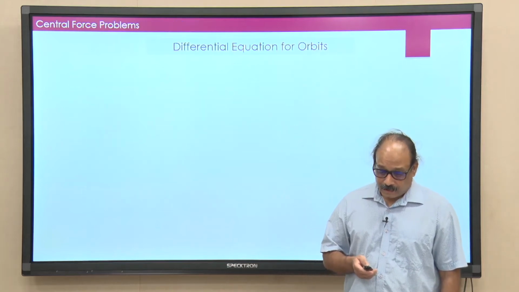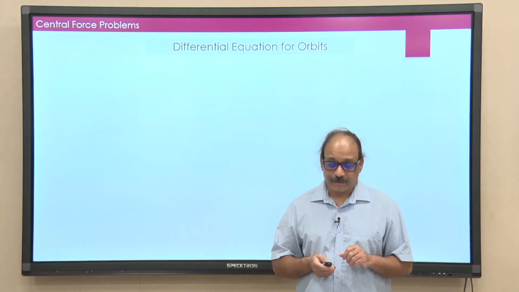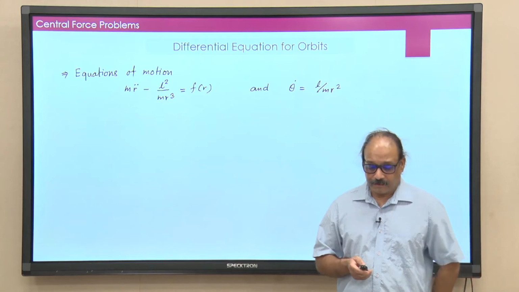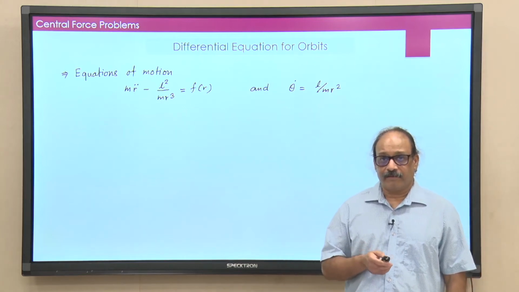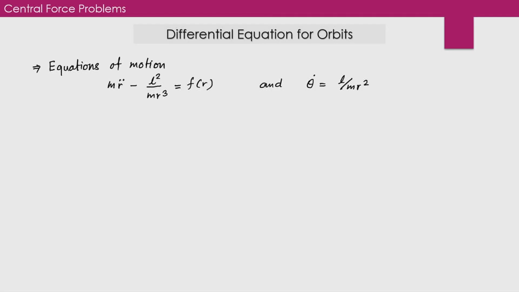So, to derive the differential equation for orbits, I will begin with the equations of motion. You remember the equation of motion we derived from the Lagrangian: m r double dot minus L square by m r cube is equal to f of r, where f of r is the magnitude of the central force.